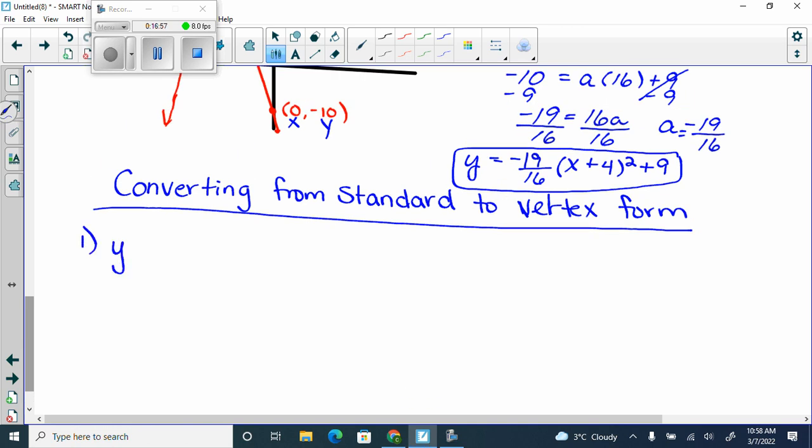Number 1. y equals x squared plus 4x plus 3. I'm giving you nice ones right now. In the coming up days, I'll start giving you ones where you get fractions. y equals 2x squared minus 4x plus 1.